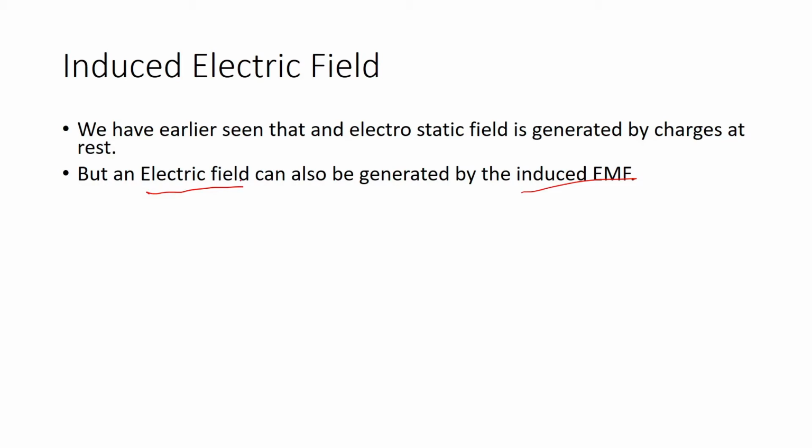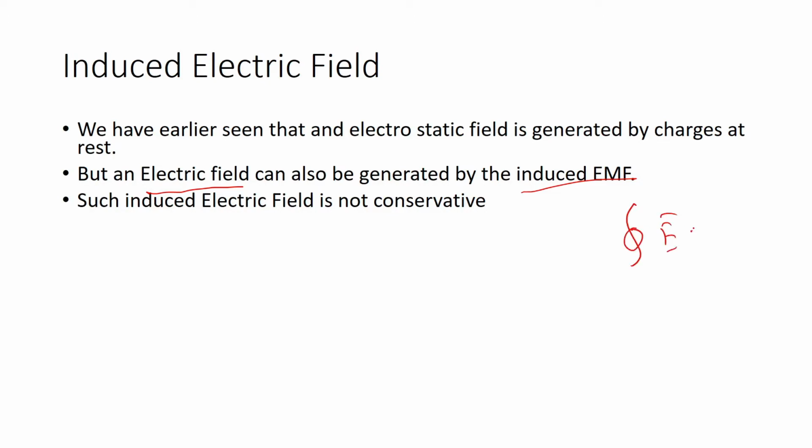Such an electric field, which is because of the induced electromotive force, is called the induced electric field. Now, such an induced electric field is not conservative. Why is it not conservative? What is the meaning of that? If it were conservative, then the closed path integral of E bar dot dl bar should be equal to 0.